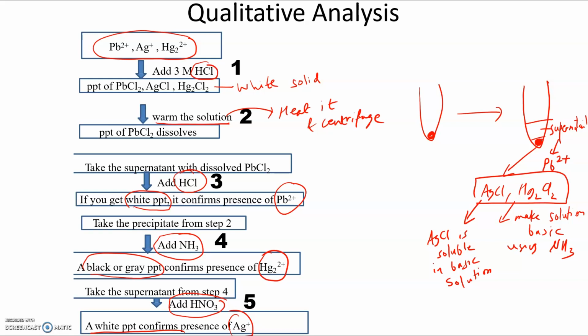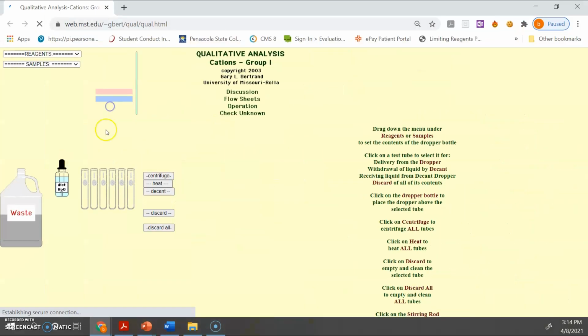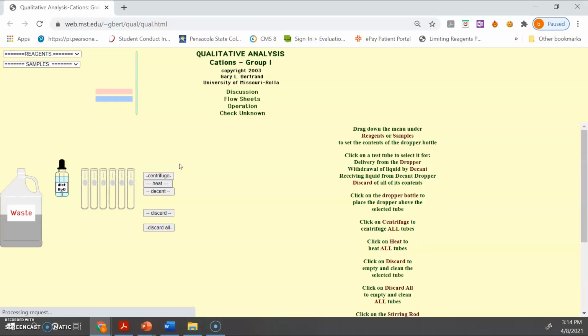Next we are going to show you how to do the simulation. This is the website that you are going to use, and you take the known sample. For example, you add 1 drop of the silver to a test tube.